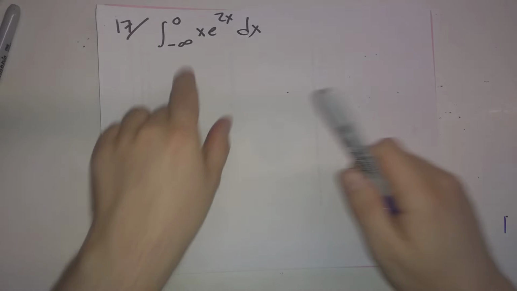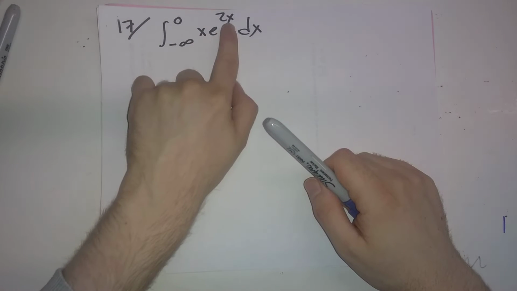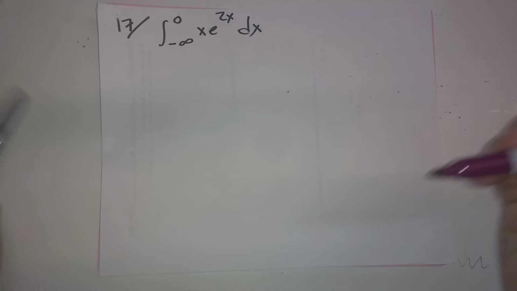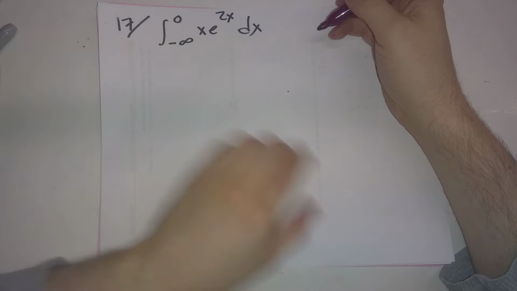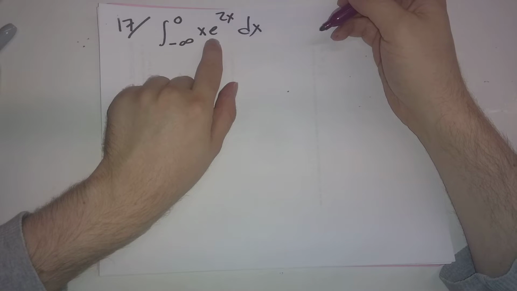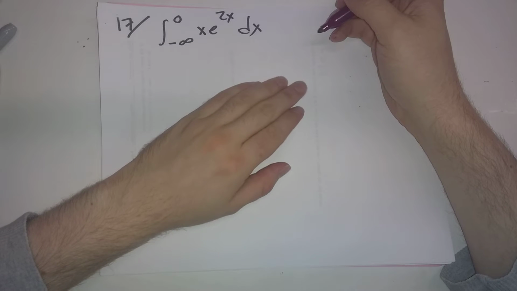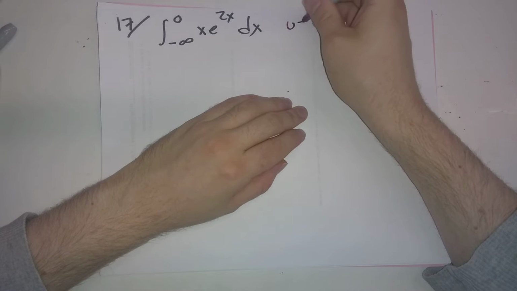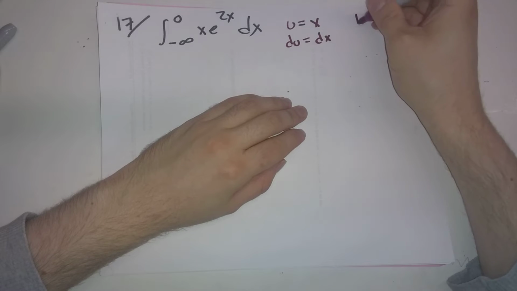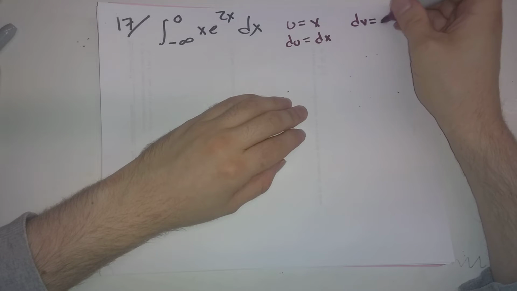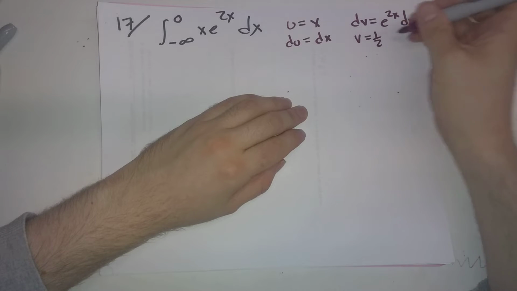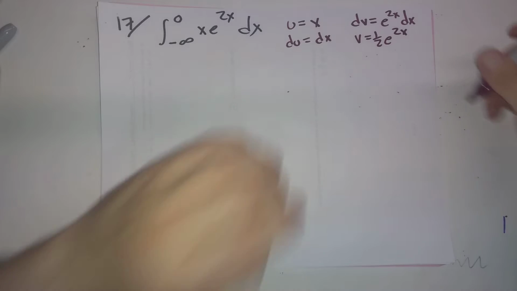So when we have the integral of x times e to the 2x, let's do that integration by parts. Our choices should say that polynomials is a better option than the exponential functions for our choice of u here. So u is x, du is dx, dv is e to the 2x dx, v is 1/2 e to the 2x.